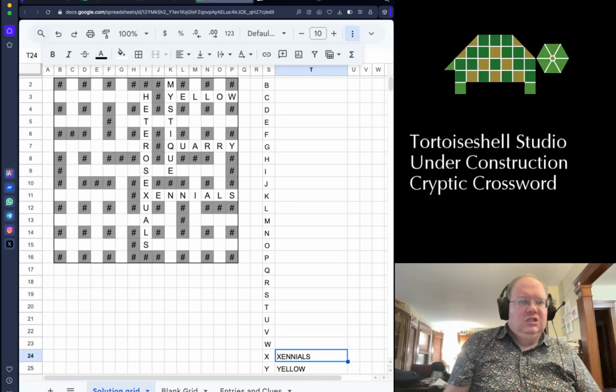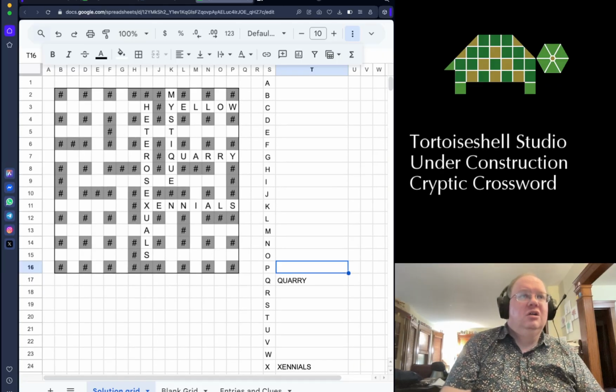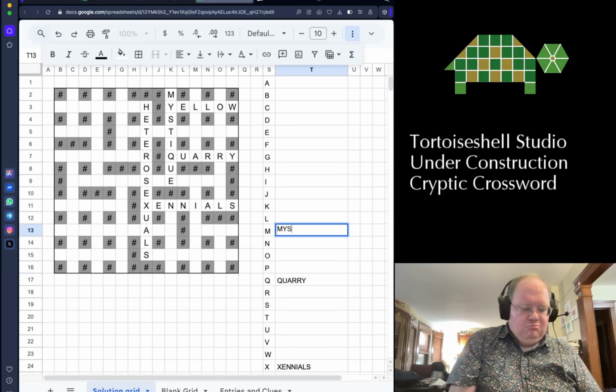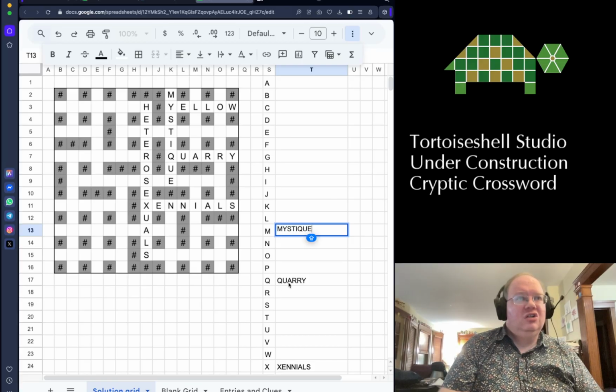Yellow. Q, I decided was going to be quarry. Mystique. Heterosexuals.